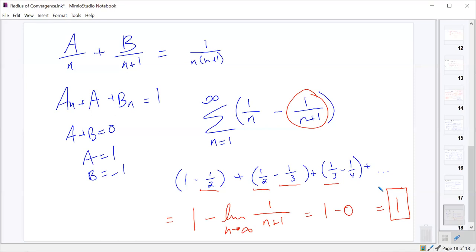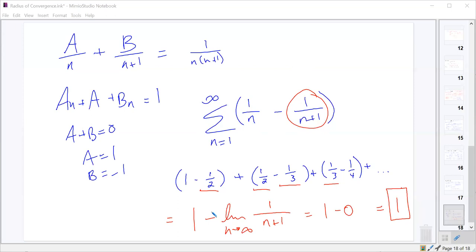This type of series where we had to break it down using partial fraction decomposition, and it's not always done using partial fraction decomposition, but where you break it down into a grouping of multiple terms being added or subtracted within this summation, usually with subtraction, we call these a telescoping series.